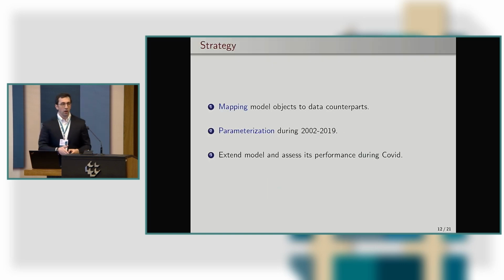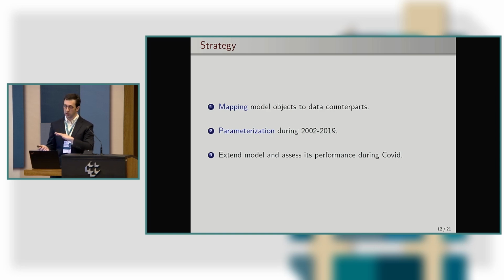So, there's a very detailed, in-depth data section in the paper. We do some very careful work in terms of making sure that the data we use to calibrate the model means the same thing as the model analog actually means, that they obey the same laws in terms of their evolution. And it's very cool. I don't have time to go through it today. We calibrate almost all of the parameters during 2002 to 2019.